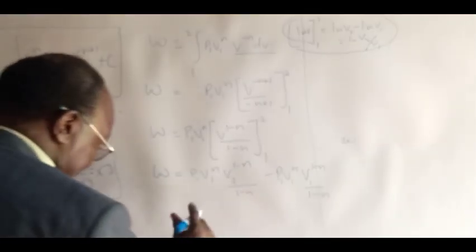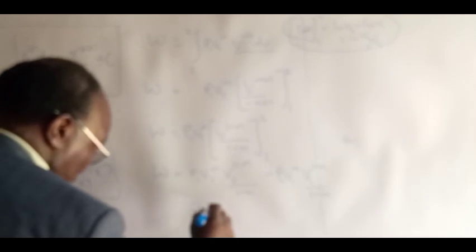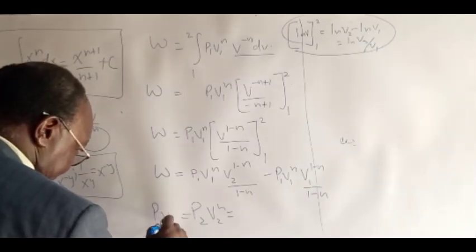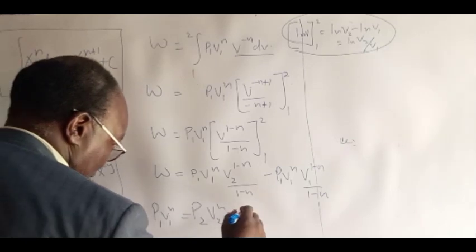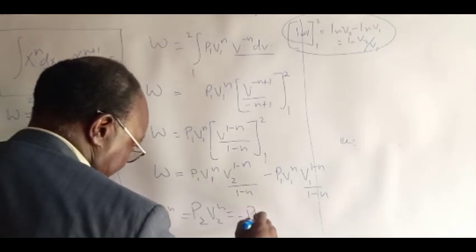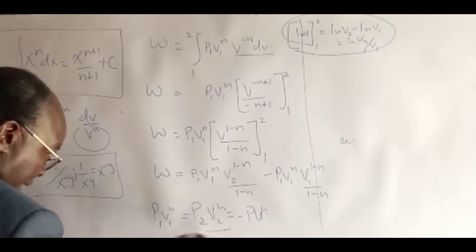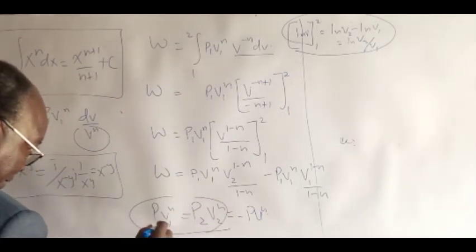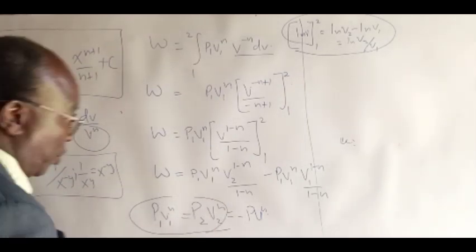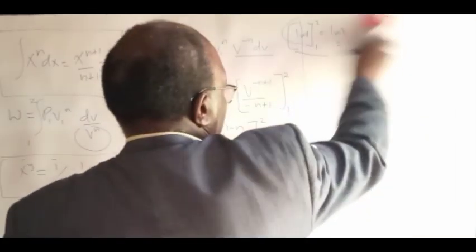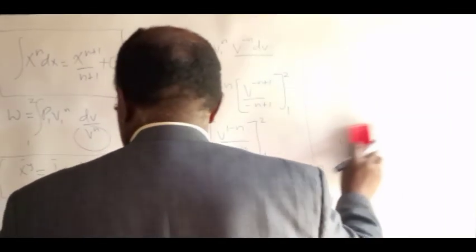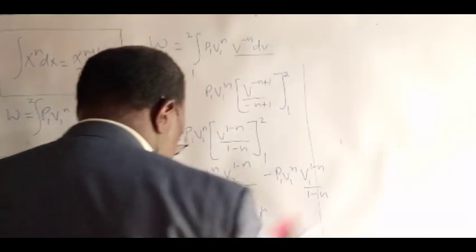But remember, we said that P2 V2^n is equal to P1 V1^n, and that's equal to PV^n. And so we can replace the P1 V1^n with P2 V2^n. So let's see what we get here.